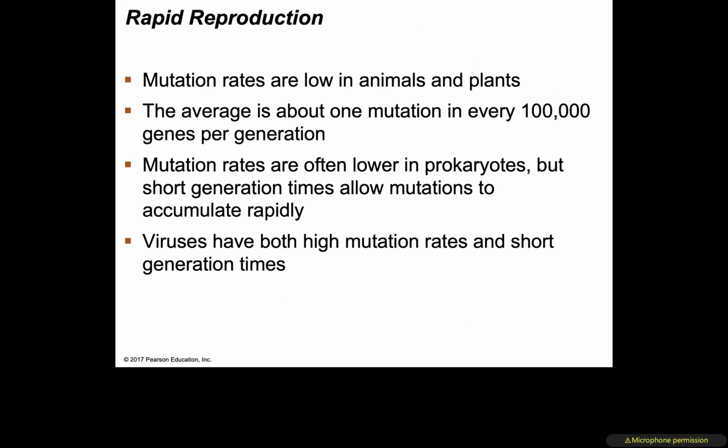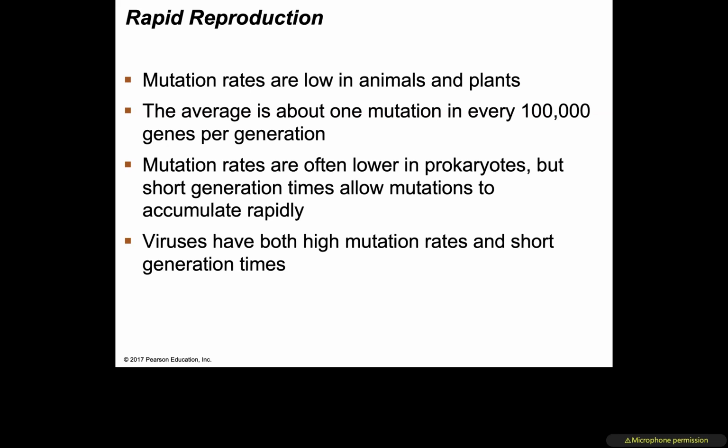Those mutation rates are often lower in prokaryotes, but prokaryotes have a shorter generation time, meaning they go from one prokaryote to two prokaryotes to four prokaryotes. Every generation, prokaryotes have anywhere between a 20-minute generation time to maybe an hour. So your bacteria, your archaea, they are going to reproduce quicker.